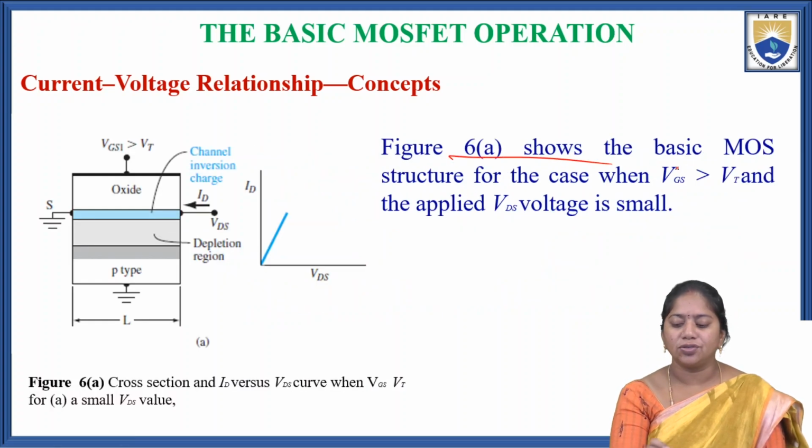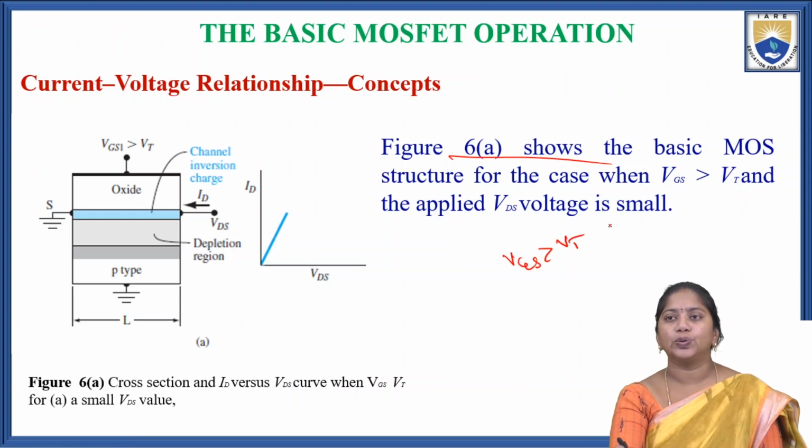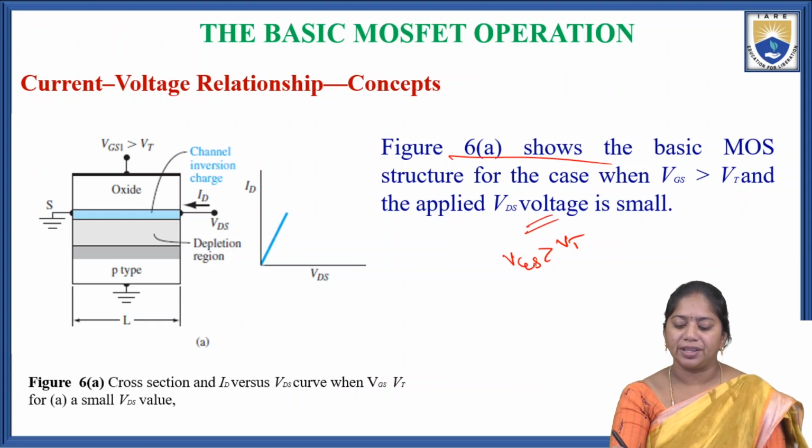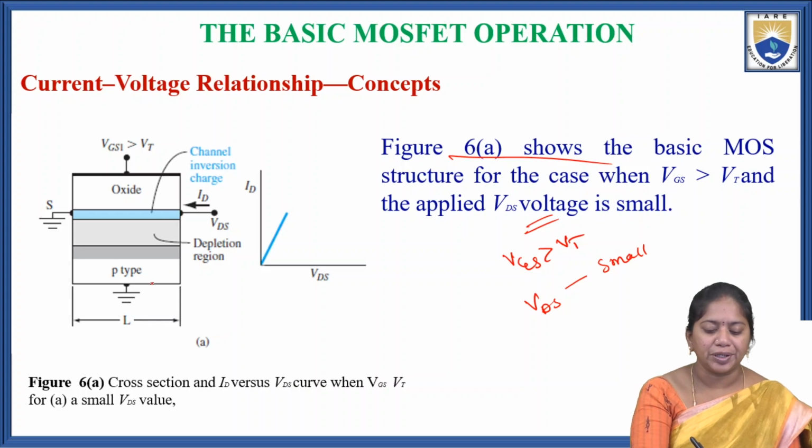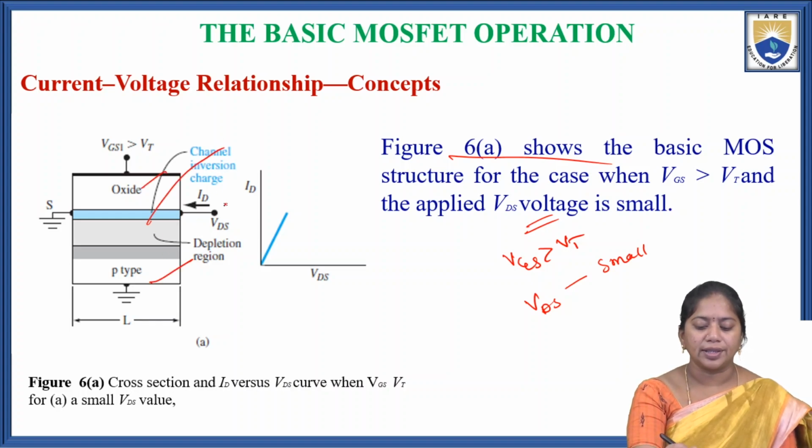Figure 6a shows the basic MOS structure for the case VGS greater than VT, so the gate to source voltage is greater than the threshold voltage and the applied drain to source voltage is small. This is the p-type substrate, this is the oxide layer, here the inversion layer is induced, and this is the depletion layer.